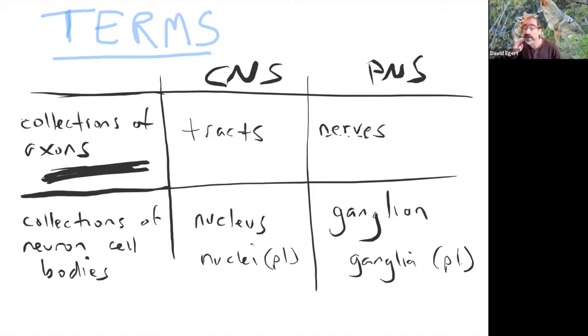There are other collateral ganglia. When you hear the word ganglion, it means cell bodies outside of the CNS. So these are terms that will come up, so you should probably know what they mean.